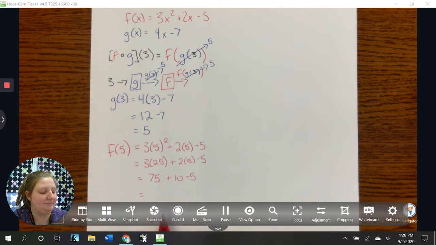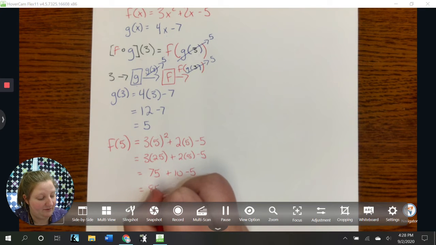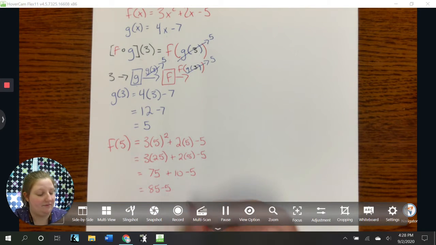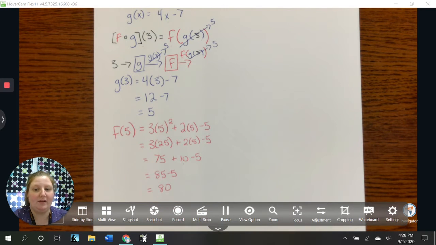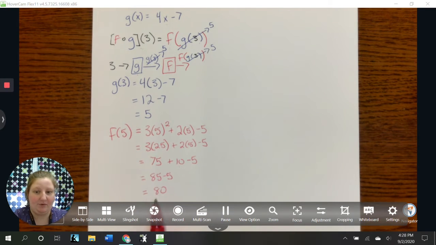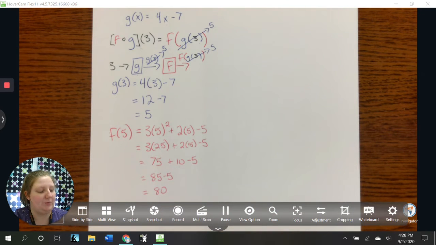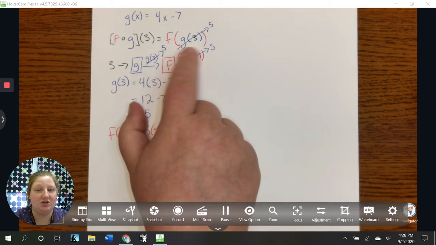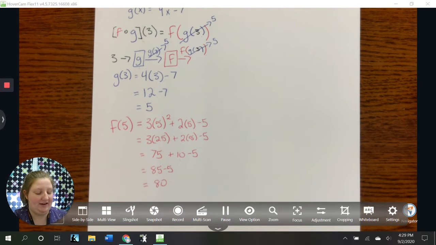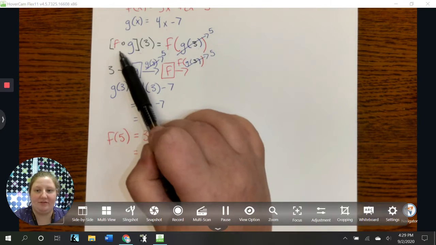And then finally, 75 plus 10 would be 85. Minus 5 is going to give us 80. So f of 5 is equal to 80, but remember, f of 5 was f of g of 3. So what we've actually found when we get this 80 is our composition, f composed with g of 3, or f of g of 3. So 80 would be our final answer here when we're doing f composed with g of 3.